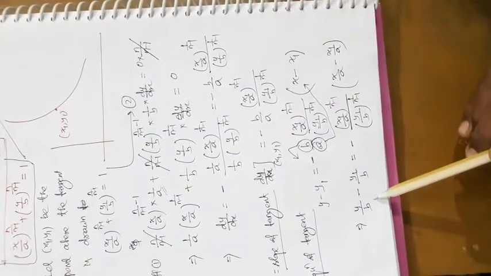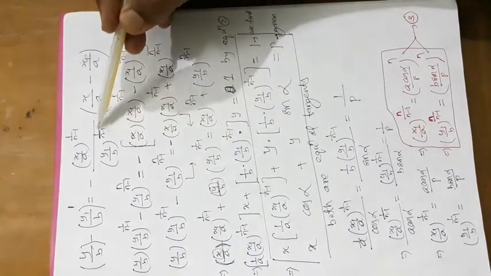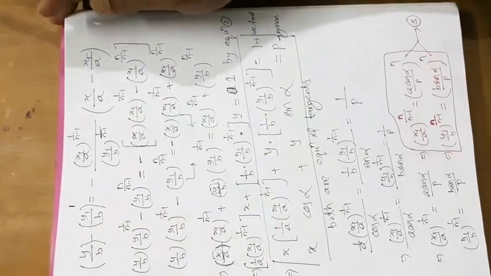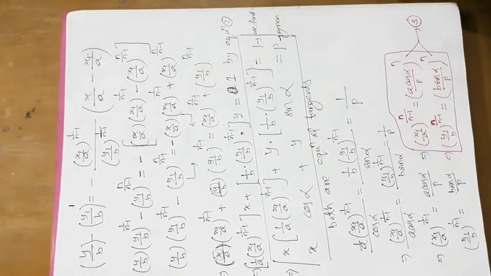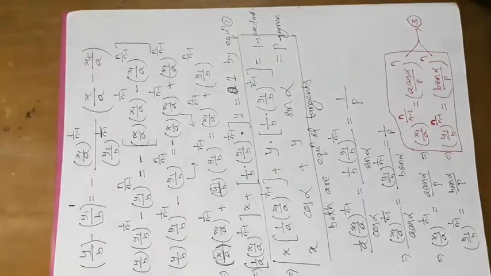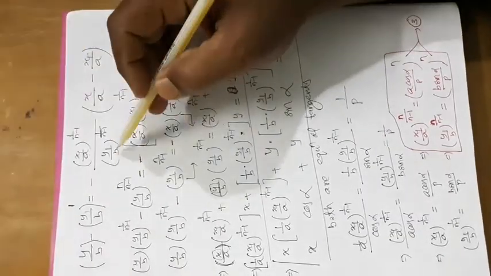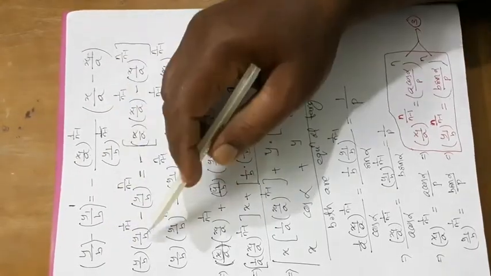This step is again repeated on the next page. After that, multiply this (y1 by b) to the power 1 by n minus 1. Multiply it: y by b into (y1 by b) to the power 1 by n minus 1. Now it becomes y by b into (y1 by b) to the power 1 by n minus 1.